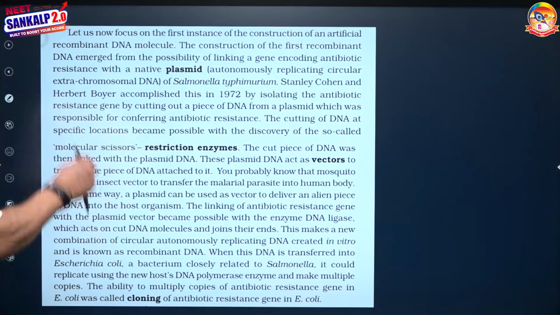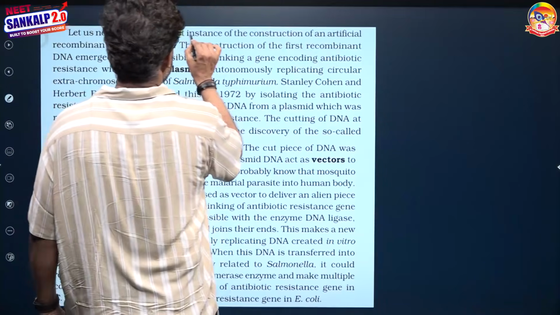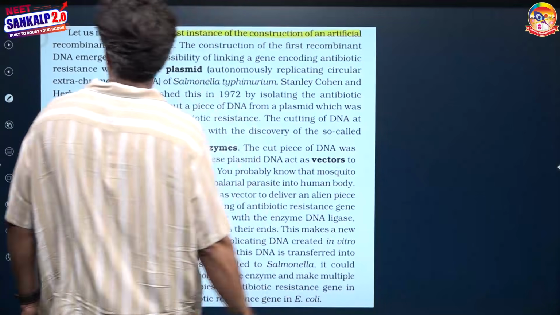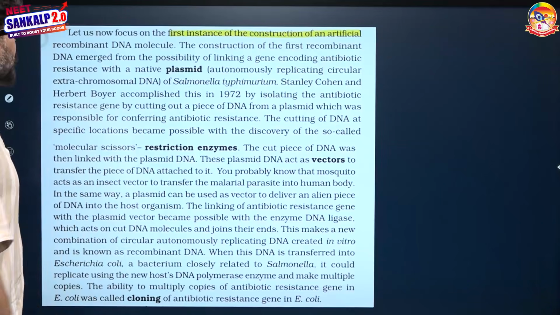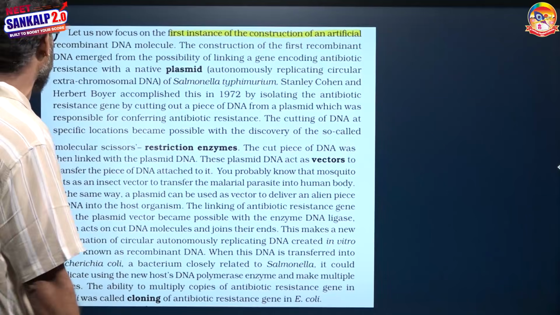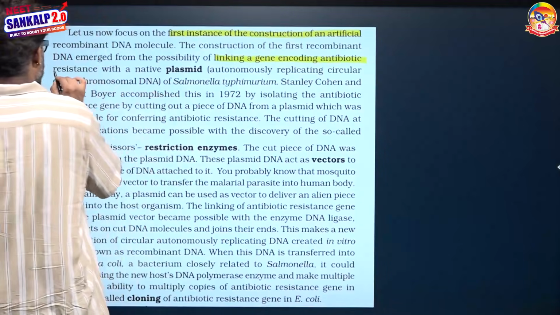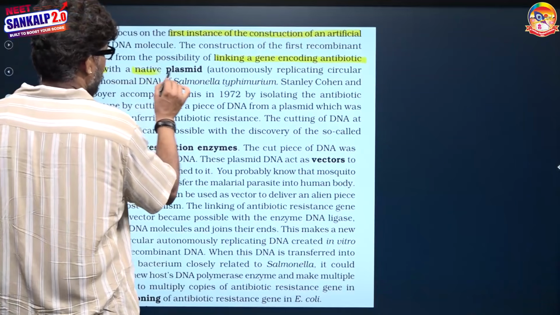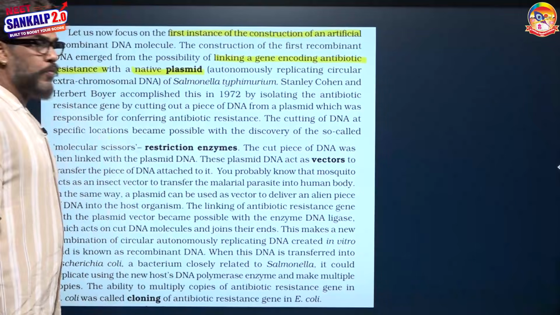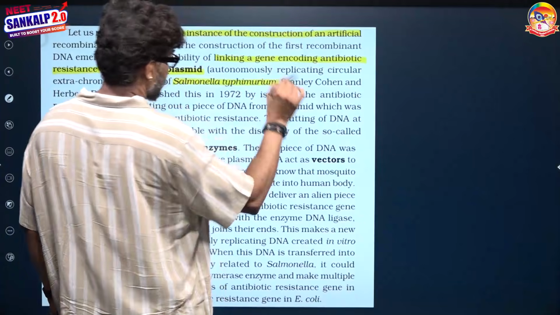Let us take an example: the first instance of the construction of an artificial recombinant DNA molecule. The construction of the first recombinant DNA emerged from the possibility of linking a gene encoding antibiotic resistance with a native plasmid of Salmonella typhimurium.